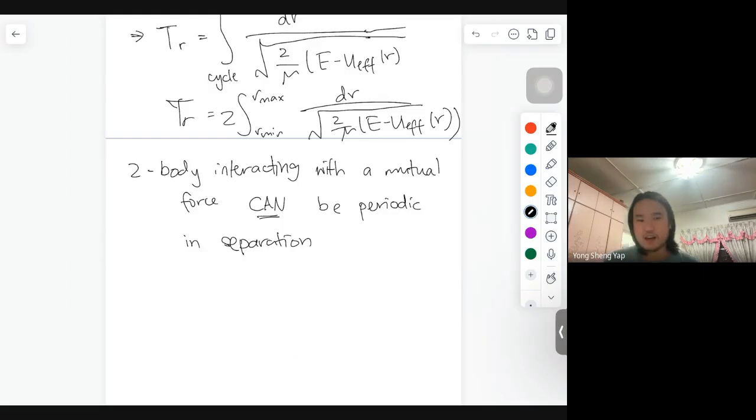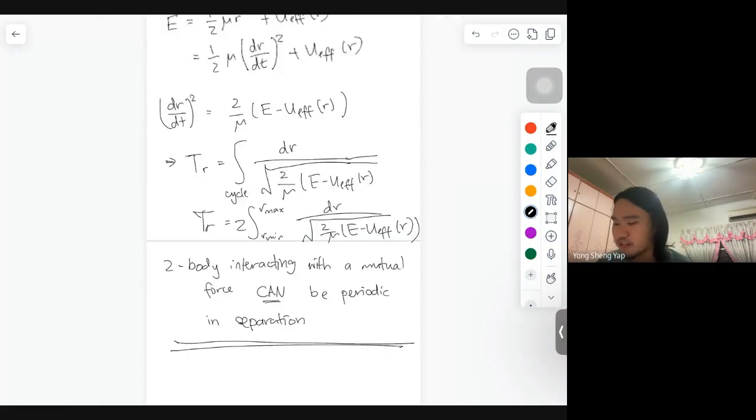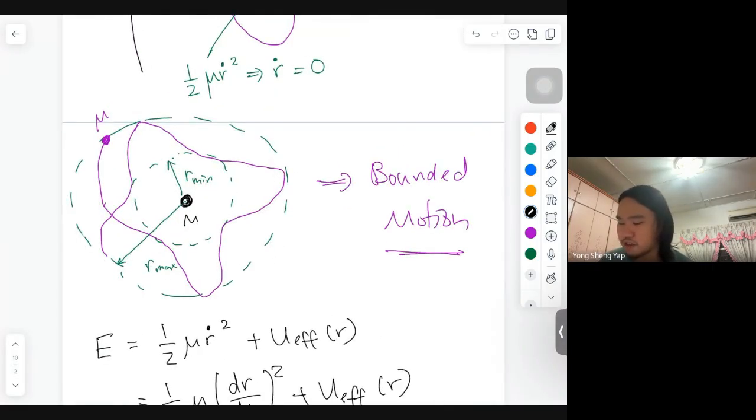Okay, so this is one thing that we have seen. Remember, every time we do any analysis between the center of mass and the reduced mass, this can always be translated into the actual two body motions.